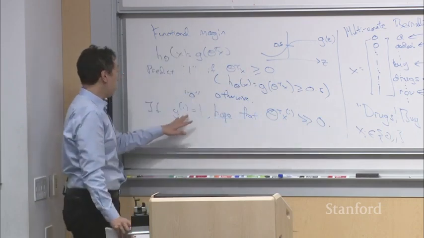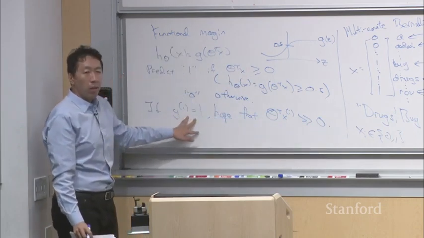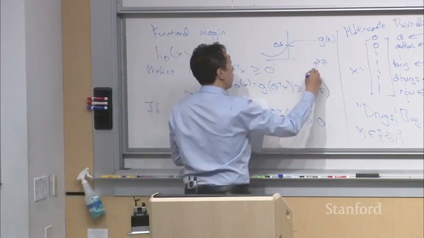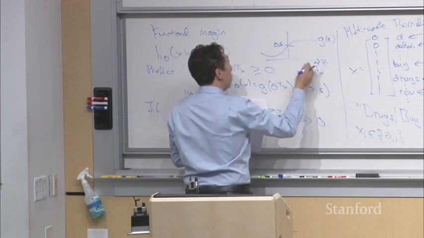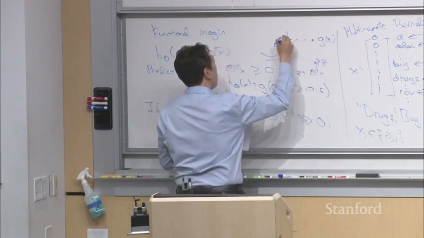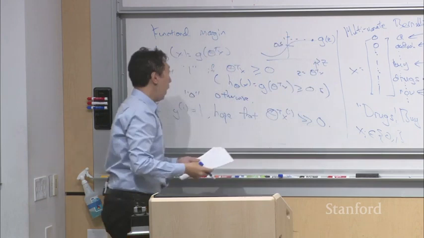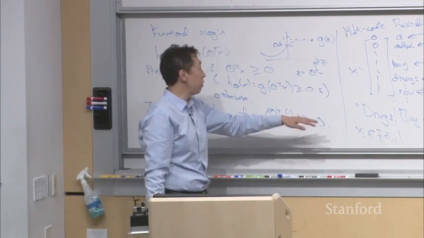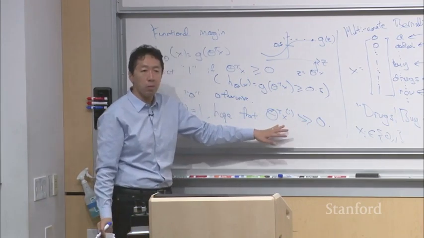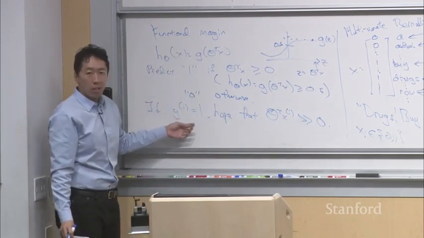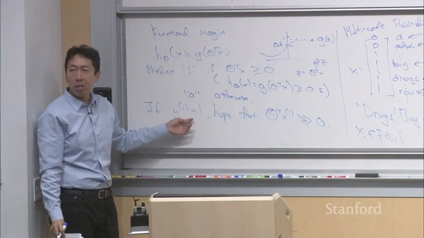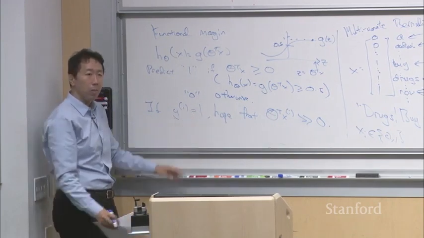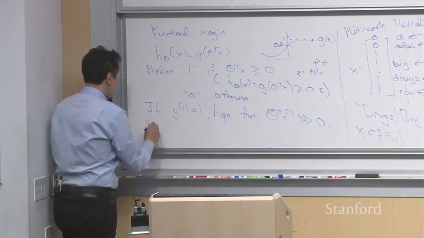Because if the true label is 1, and the algorithm is doing well, hopefully theta transpose x will be far to the right, so the output probability is very close to 1. If theta transpose x is much greater than 0, then g of theta transpose x will be very close to 1, which means it's giving a very accurate, correct and confident prediction that the label is 1.